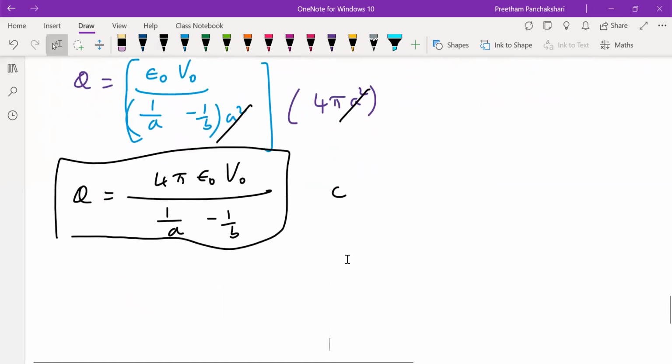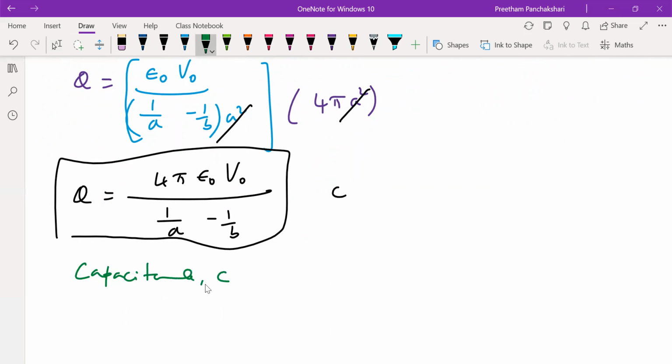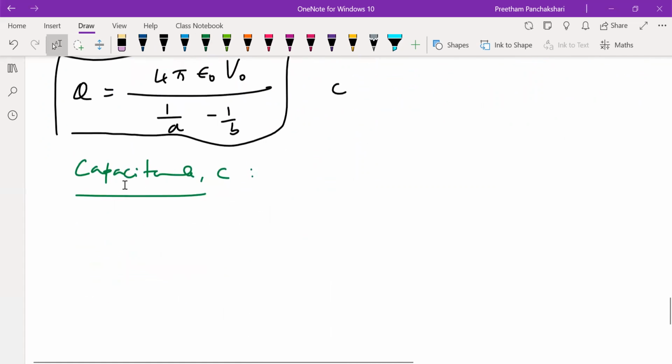The last part of the discussion is finding the capacitance. Capacitance C. C is given by charge on the inner sphere, total charge on the inner sphere divided by potential difference.